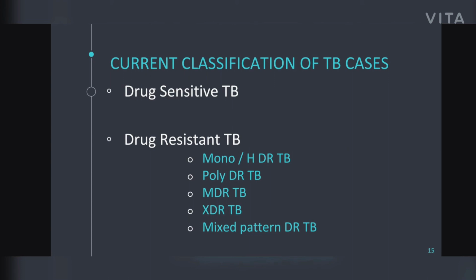If any other drug is in the resistant pattern, then it is labeled as mixed pattern drug resistance, because that case will not fit into any of the drug resistance types, mono, poly, MDR, XDR. That's why this definition, mixed pattern DR TB, has been created in the literature.